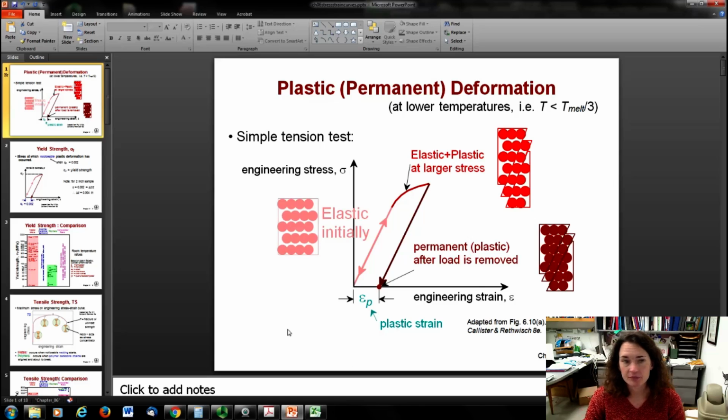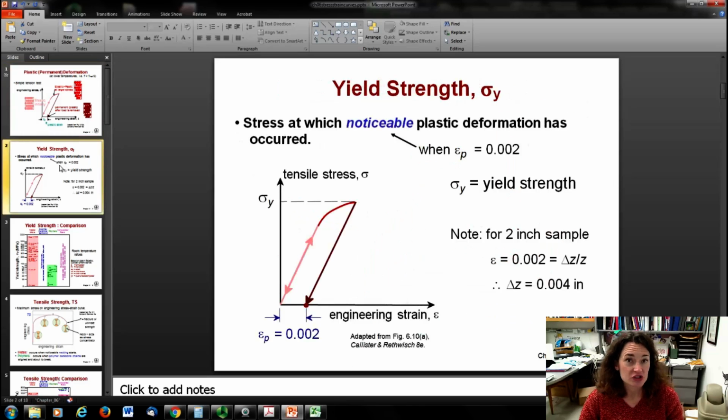All right? Now, there's a number of different parameters that engineers have defined over the years to define how well a material responds to stress or to quantify those things. So you're going to learn a little bit of new vocabulary today. The first bit of new vocabulary is called the yield strength, often symbolized with sigma y.